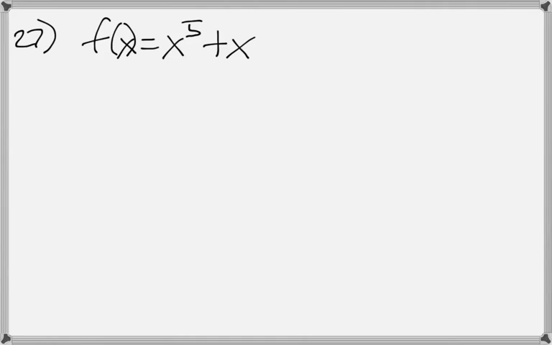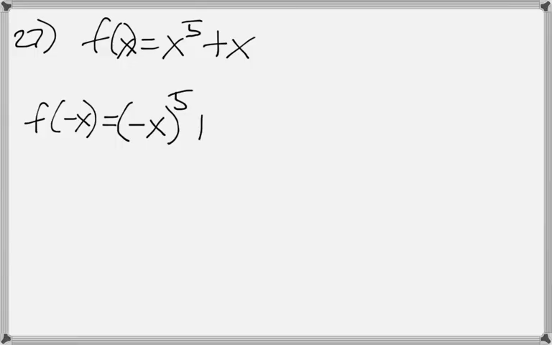So for 27, our function is f of x is equal to x to the fifth plus x. And we're asked to determine if it's even, odd, or neither. So it is possible to not be even or odd. I want to plug in a negative x, which means wherever I see an x, I'm just plugging in negative x instead.